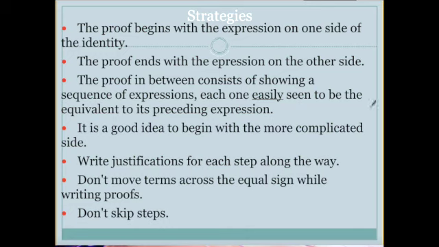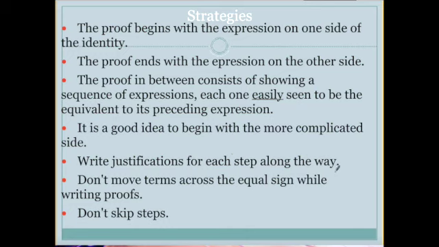It's a good idea to always begin with the more complicated side. That's just because the side that's more complicated has more things you can do to simplify it. Don't forget, write justifications for each step along the way.